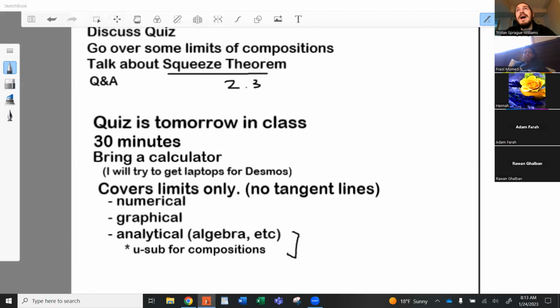But then you don't want to just look at one number on each side, so don't just look at 4.999 and 5.001. The reason for that is you need to be able to see some trend towards a fixed value. Maybe I can show you an example of why you need to do that.